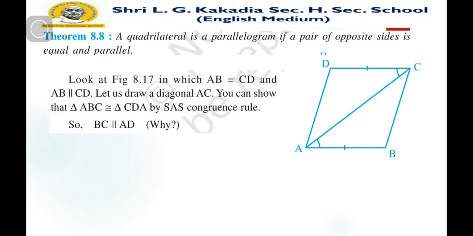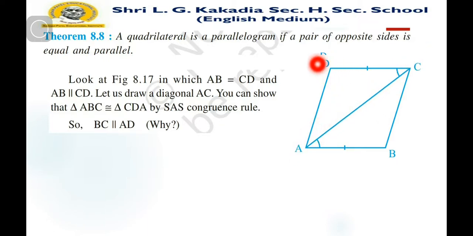Look at the figure in which AB is equal to CD and AB is parallel to CD. Let us draw diagonal AC. You can show that the diagonal divides it into two triangles, ADC and ABC. Here you can see that angles DCA and BCA are equal because they are alternate angles, and AB and DC are equal as given, and AC is common to both triangles.